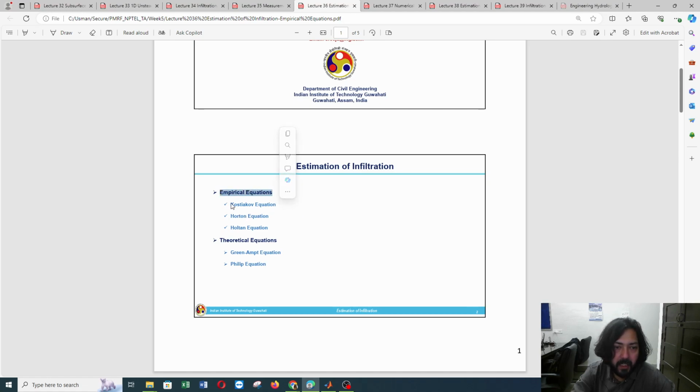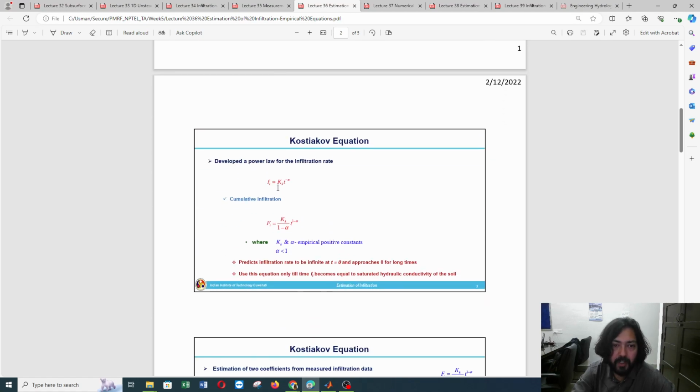Then we studied the estimation of infiltration using empirical equations. We talked in detail about two equations, Kostiakov's equation and Horton's equation. Whenever we talk about empirical infiltration equations, we just need to remember the equations. The first was Kostiakov's equation, which gives the infiltration rate f(t) = K α t to the power of minus (1-α), where K and α are empirical constants given by Kostiakov.